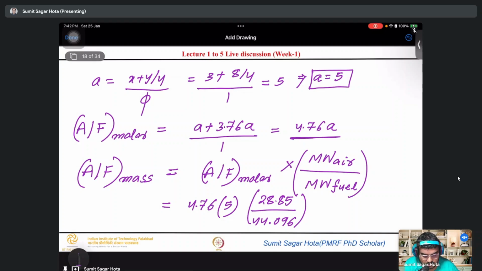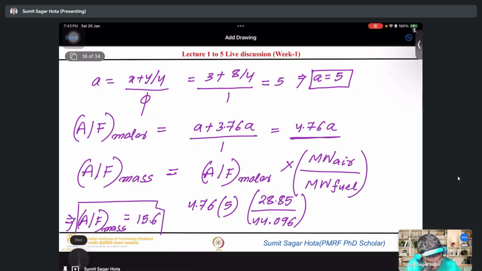Now when you solve it, you can just get the answer of air fuel ratio on mass basis. Okay, so let's move on to the next question.